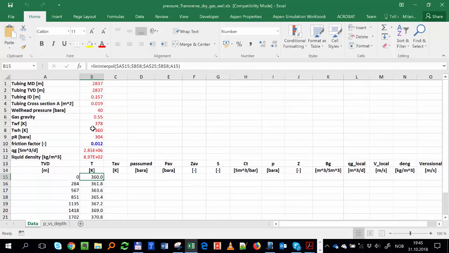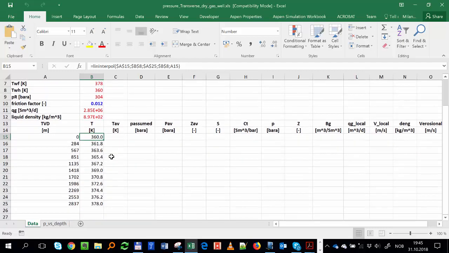Wellhead temperature is 90, and reservoir temperature is 100. So you have 10 degrees temperature loss.